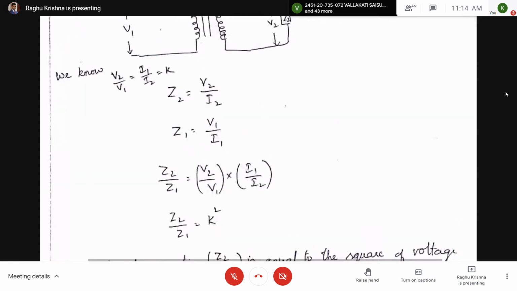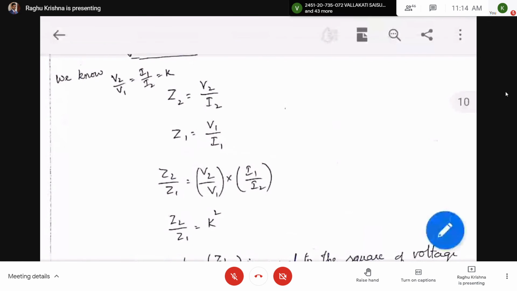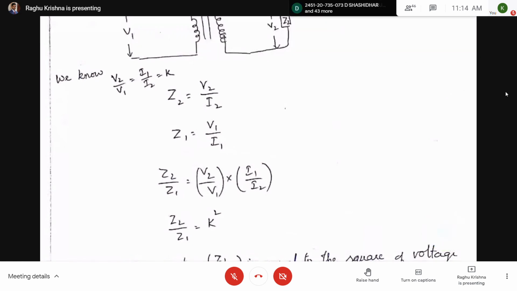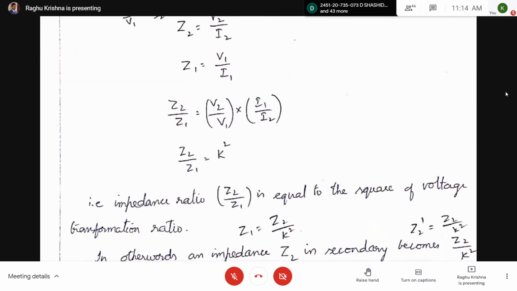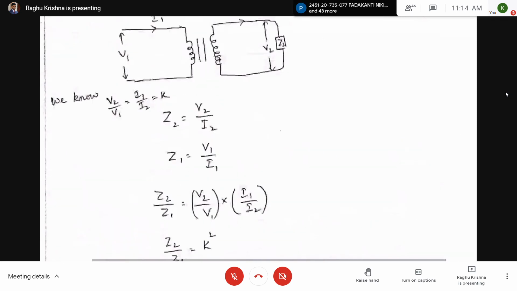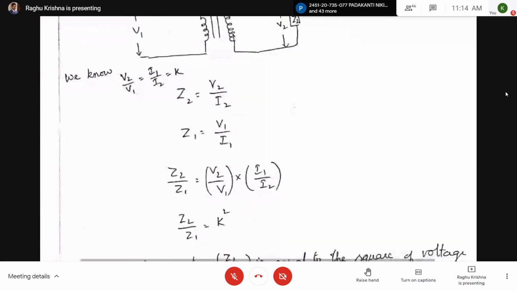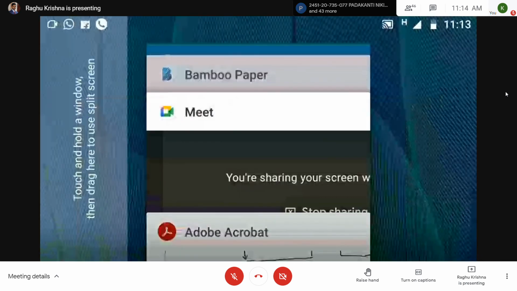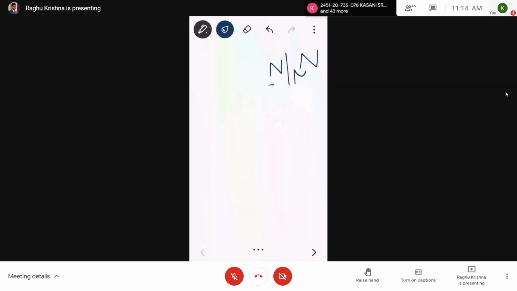Based on this, I am going to derive what is meant by Z2 dash and Z1 dash. First, let us have Z2 dash. Z2 by Z1 equals K square, right?